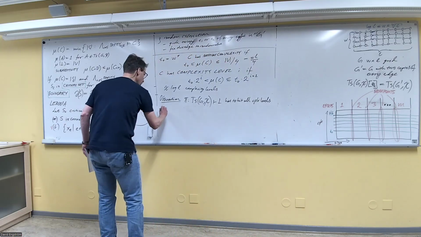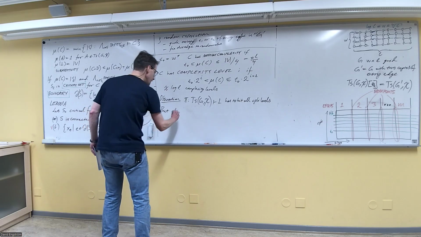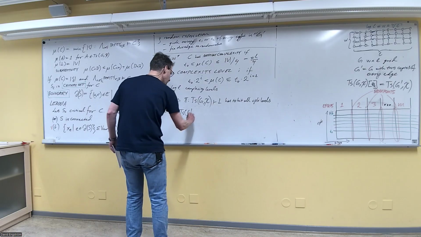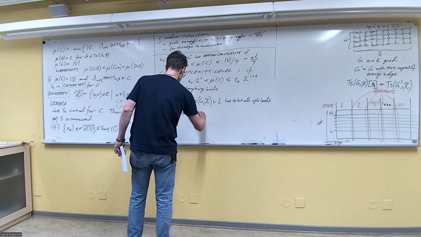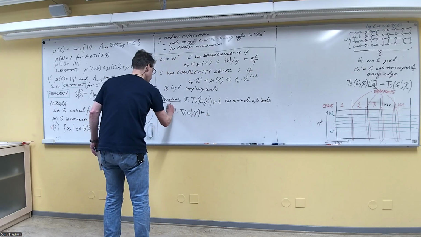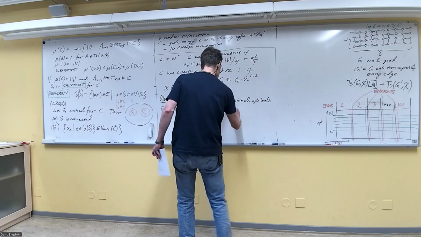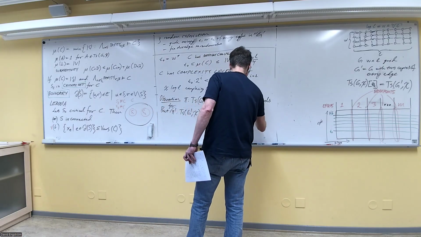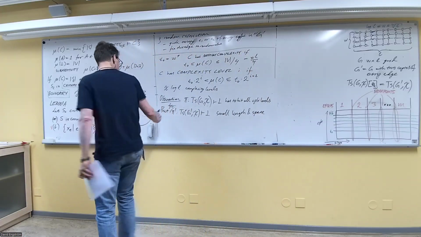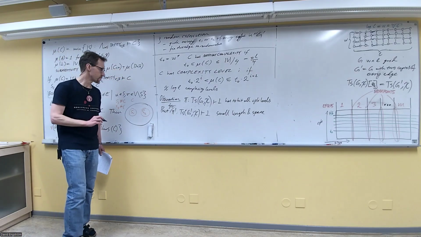But now I want to argue that, take a refutation of the G prime Satin formula in small length and space. Now I want to argue, take such a refutation of the Satin formula with double edges.